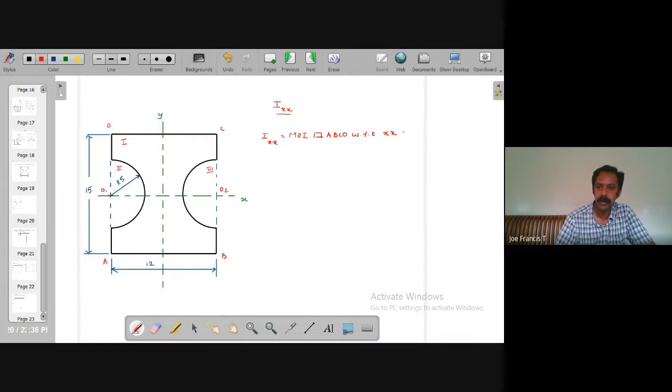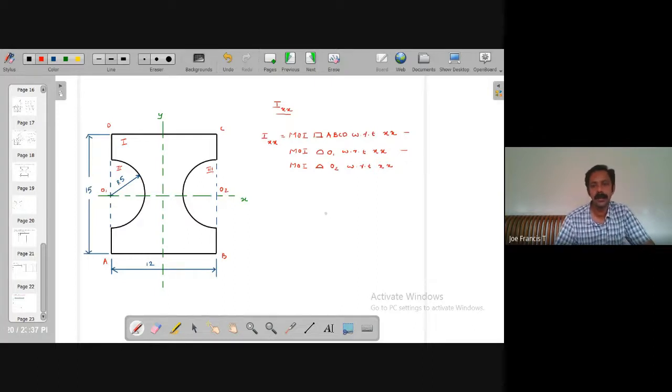From that, you deduct the moment of inertia of a semicircle, say with center O1, with respect to XX, minus the moment of inertia of the other semicircle with center O2 with respect to the x-axis.